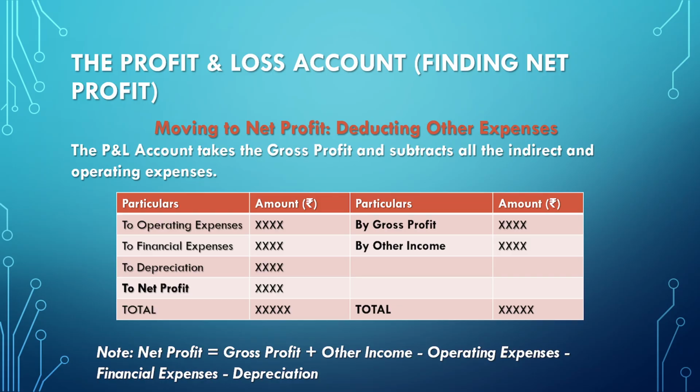If you deduct all the expenses from your gross profit and other income, you will get the net profit. So net profit is equal to gross profit plus other income minus operating expenses. Not all expenses: direct expenses we have already taken in the trading account.